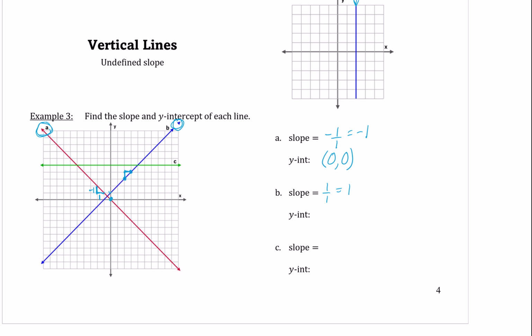And the y-intercept is right here, and that is the point 0, 1. And then C, there's no slope, so my slope is 0, and my y-intercept is 5. So 0, 5. This point right here.